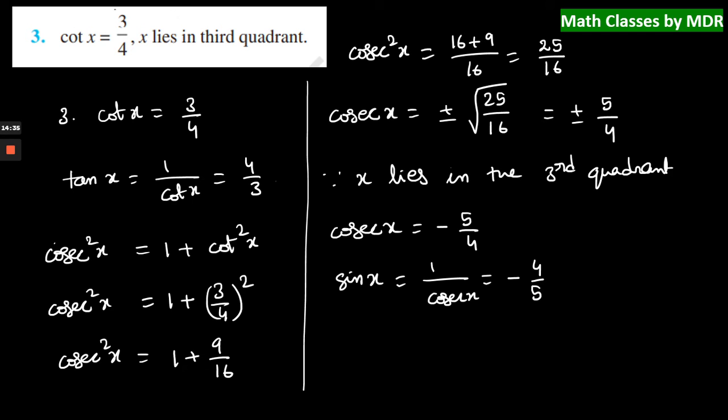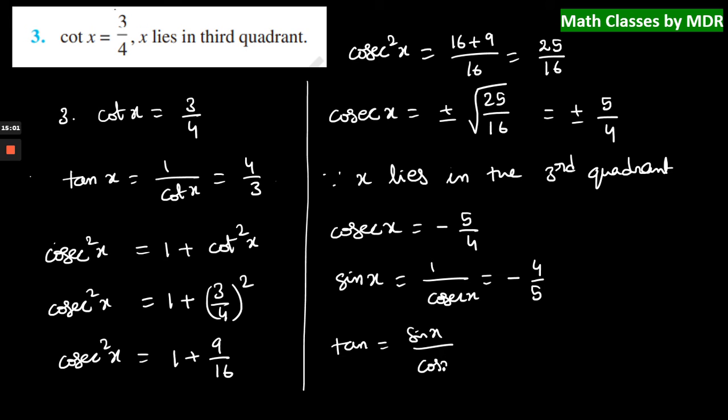And now we have to get the secant x and cos x. In order to get the secant x or cos x, we can use any of these trigonometric identities, or we can use tan x is equal to sin x by cos x, right?